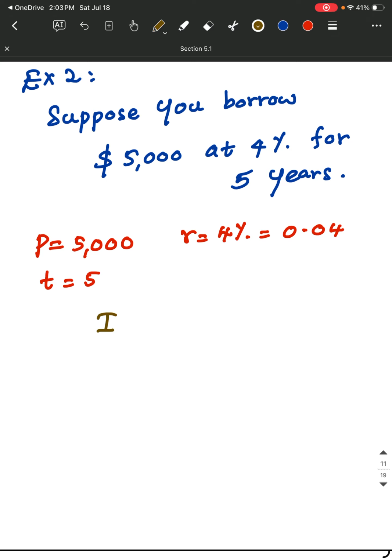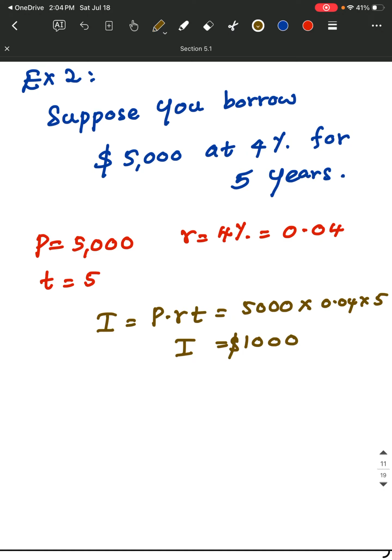So I equals P times R times T. P equals 5,000, R equals 0.04, T equals 5. The interest should be $1,000.